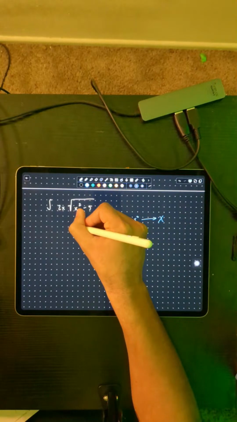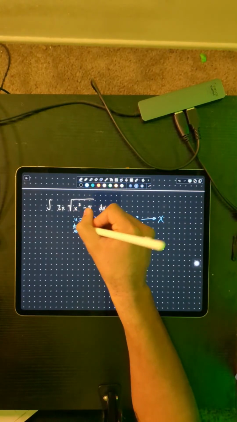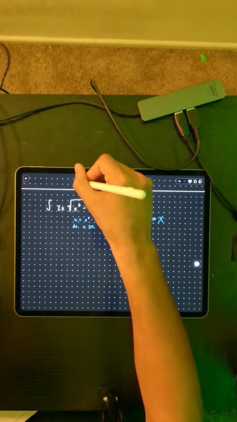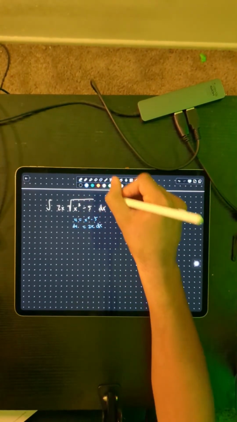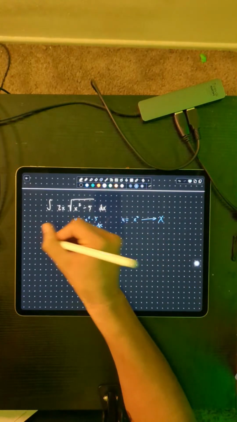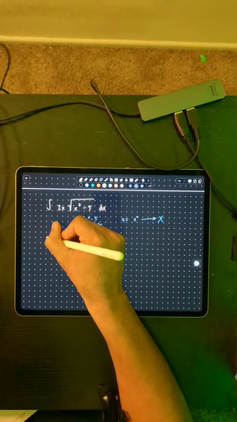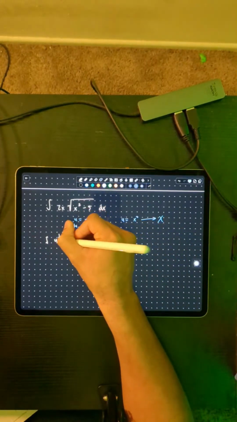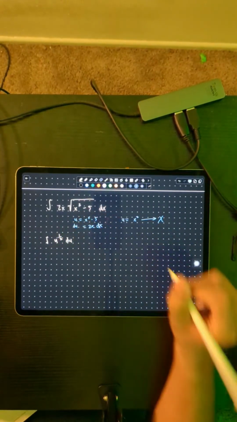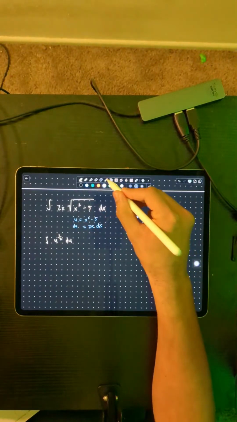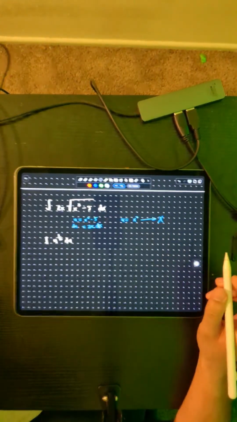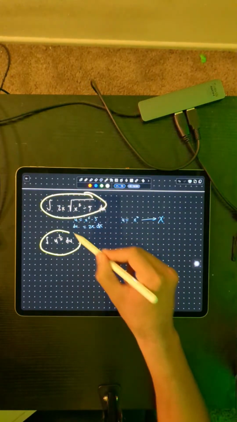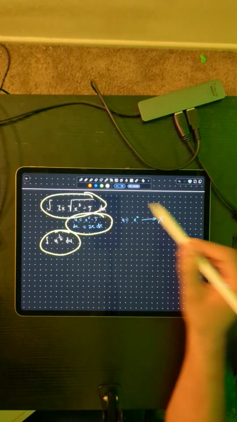Because if we take d by dx, we get 2x, or rather that's going to be du equals 2x dx. And so we can simply replace the integral with the square root of u, which is u to the 1/2 times du. So we converted this integral into this integral here by replacing it with this u sub.